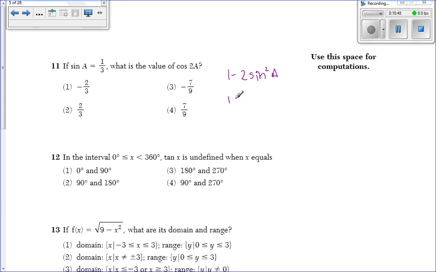So I do 1 minus 2 times 1/3 squared. So 1 minus 2 times 1/9. So 1 minus 2/9 would be 7/9.